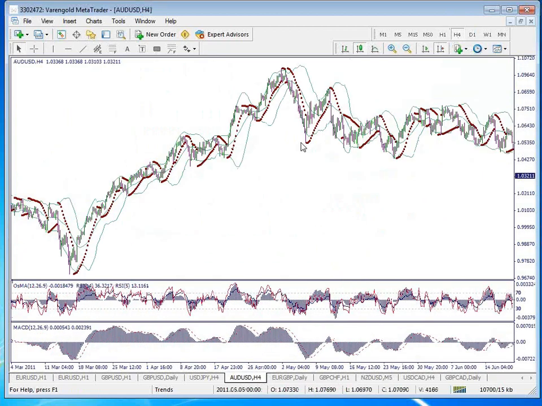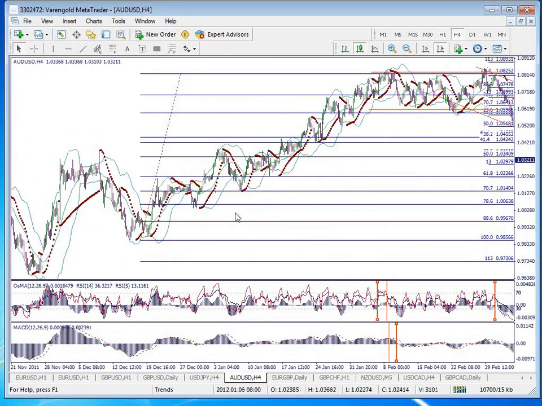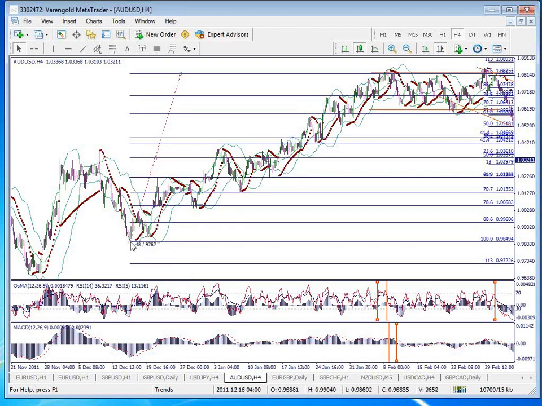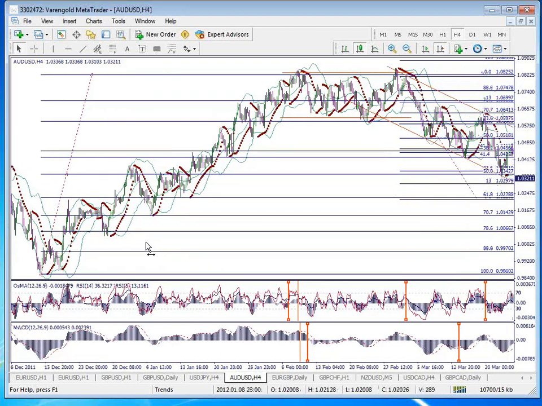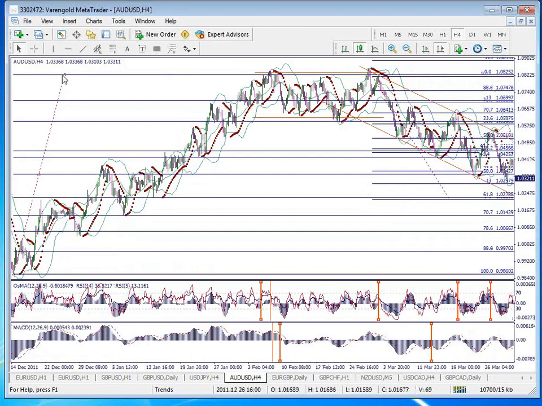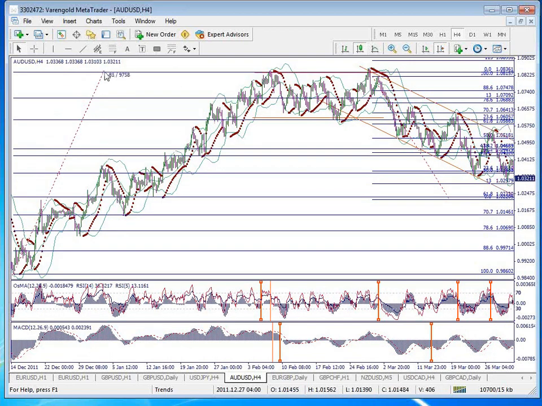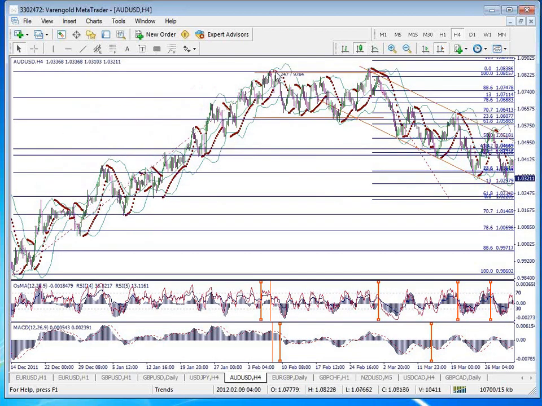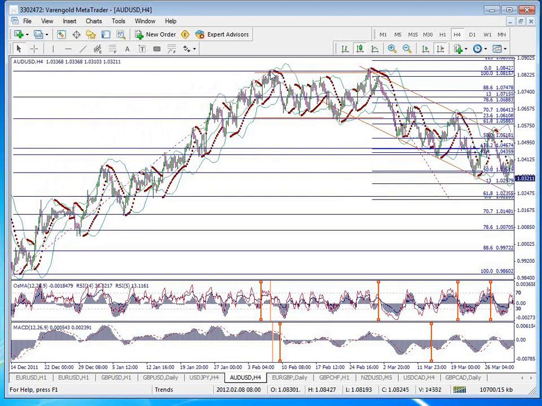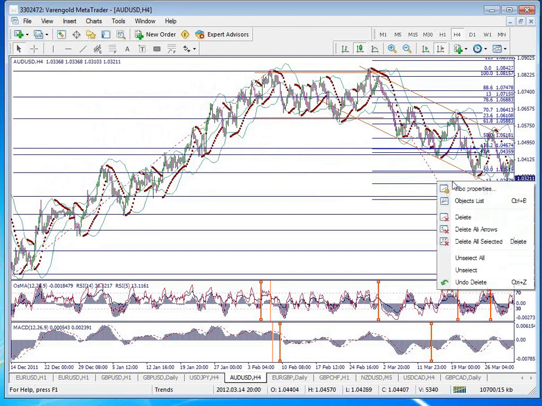So let's go to our chart on 4 hour. I will improve the levels of Fibonacci. I will take exactly the height. I will delete that Fibonacci.